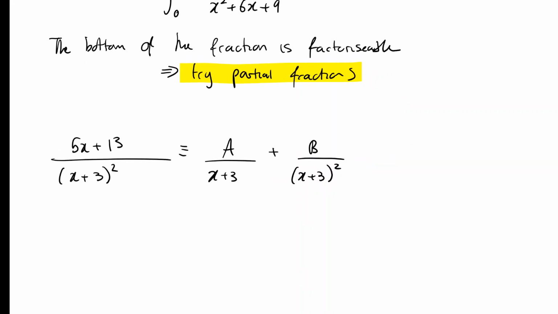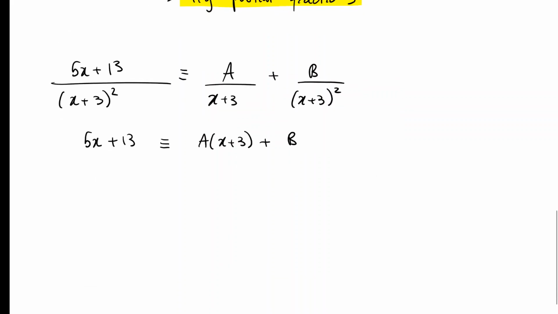Multiplying both sides by x plus 3 squared leaves us with 5x plus 13 is equal to a times x plus 3 plus b. Let x equal minus 3. So we get minus 15 plus 13 is equal to b. So b is equal to minus 2.